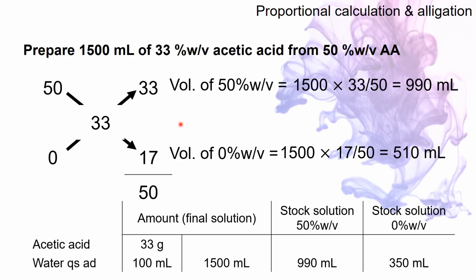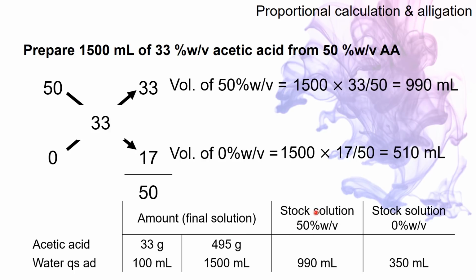Putting them into the table, for a final solution of 33%, meaning it has 33 grams in 100 ml, for 1500 ml, which is 15 times stronger, you have 495 grams. Let's check back.